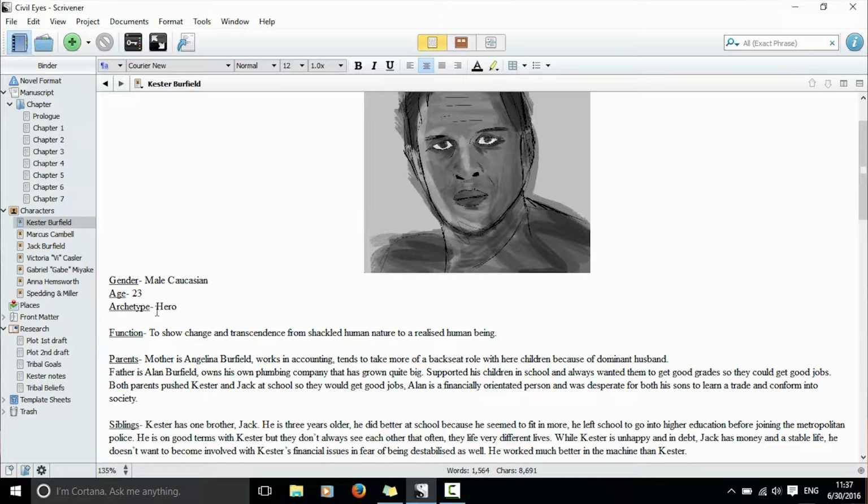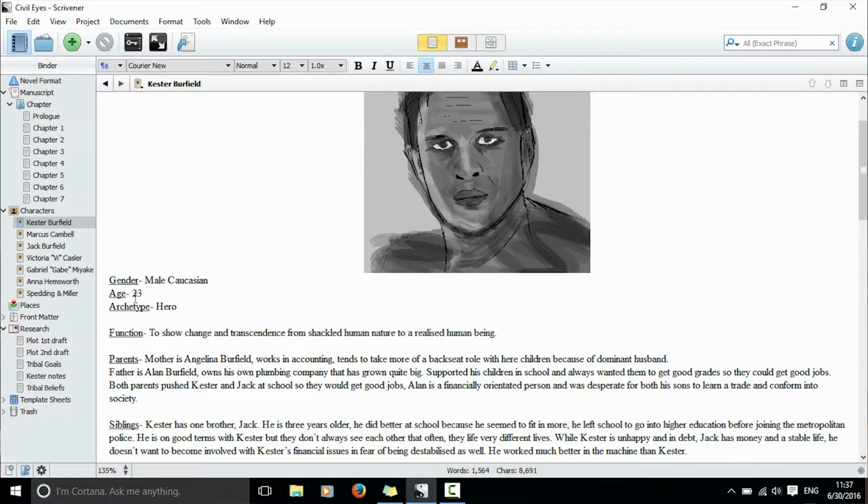Are they the hero? If anyone is familiar with Joseph Campbell's Hero with a Thousand Faces, you'll probably be familiar with these different archetypes. You have the hero, the villain, the shapeshifter, the shadow, and it goes on like that.